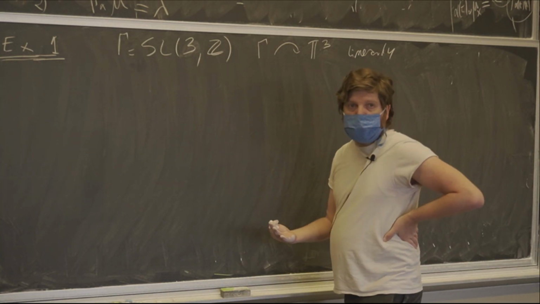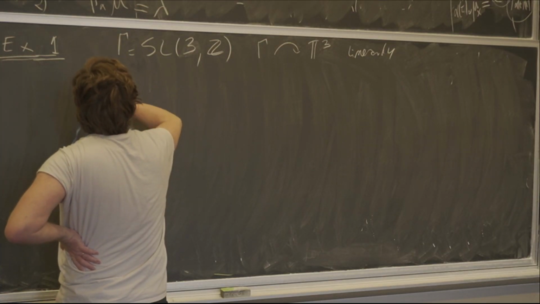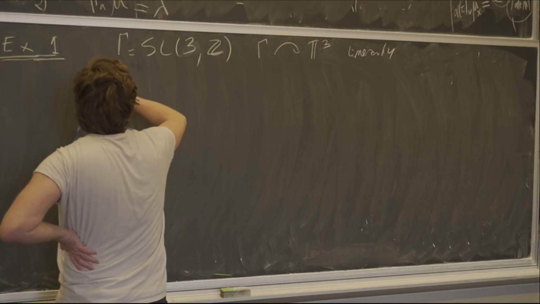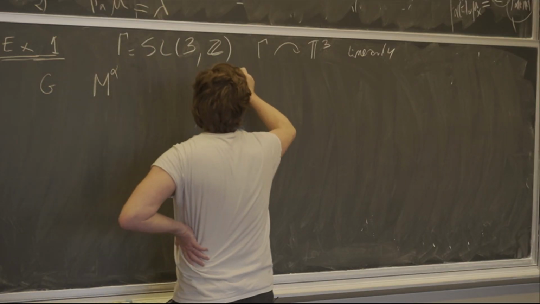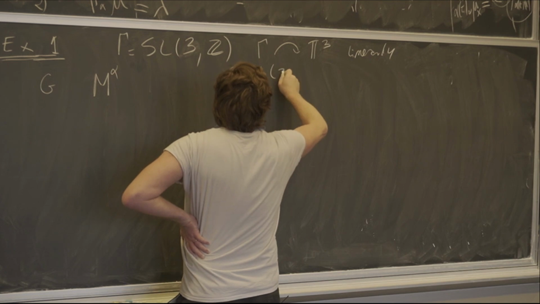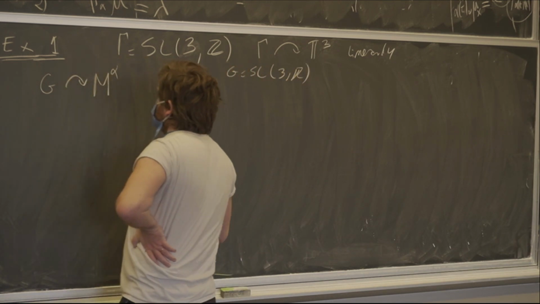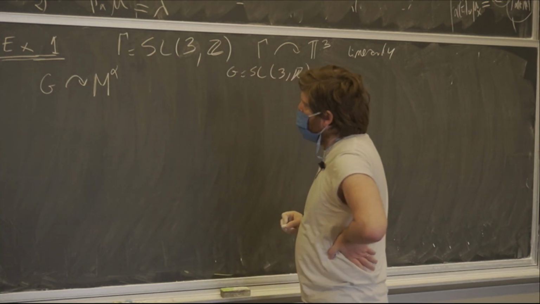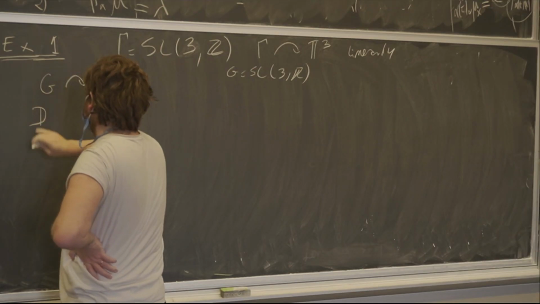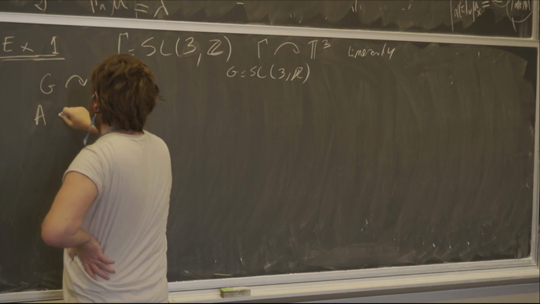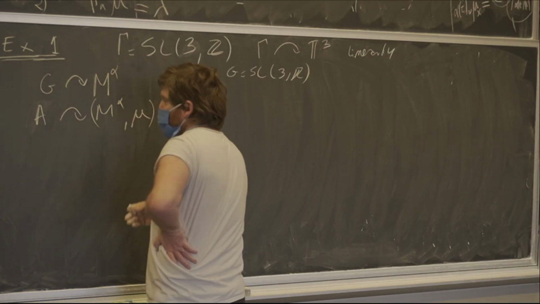Now we do the suspension. So we have this M alpha, we have the SL3R here, and we have this G acting on M alpha. I can take the diagonal group A, and it preserves, let's say, any measure.